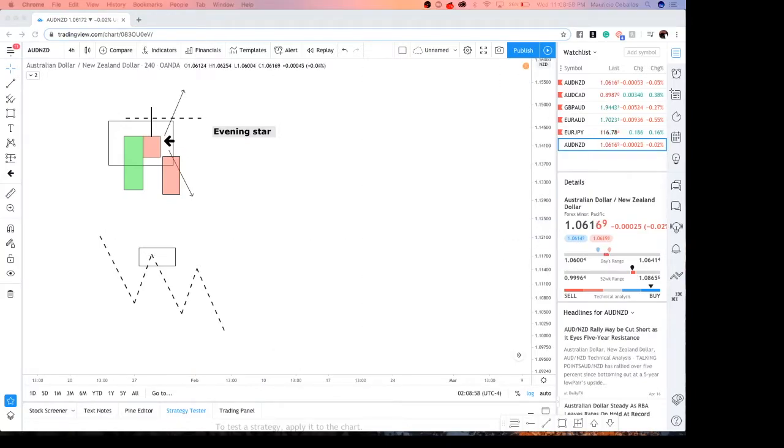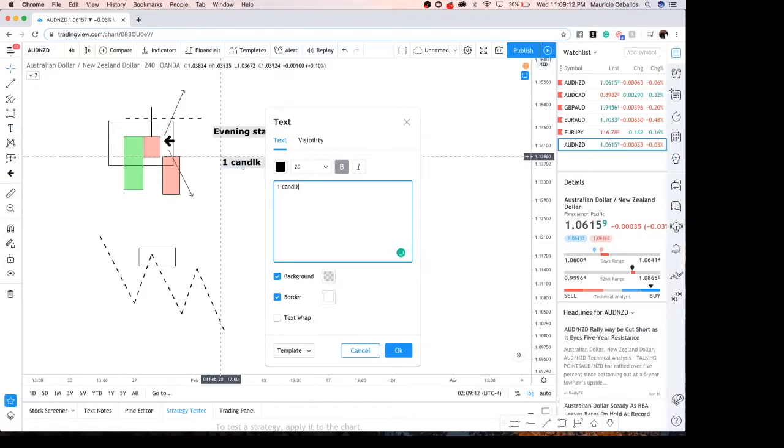Now, what is our evening star formed by? It's formed by three candles. One candle is going to be the bullish candle. The second candle can be one of three.